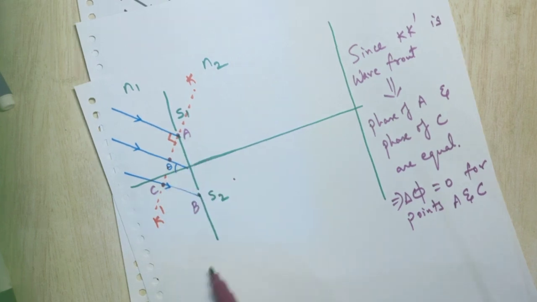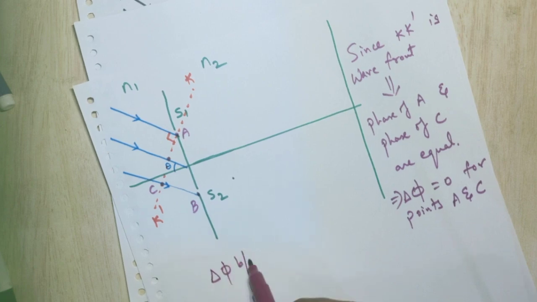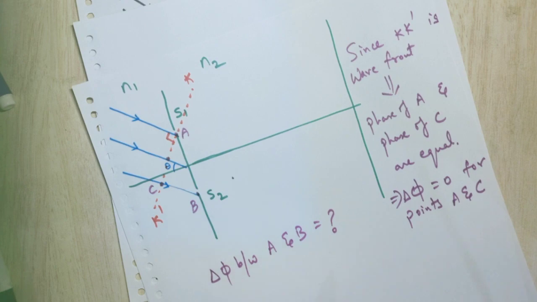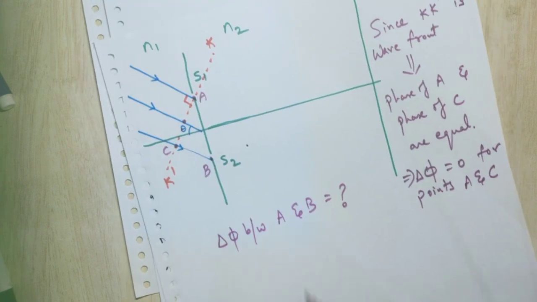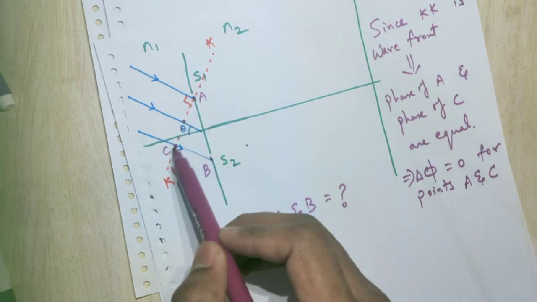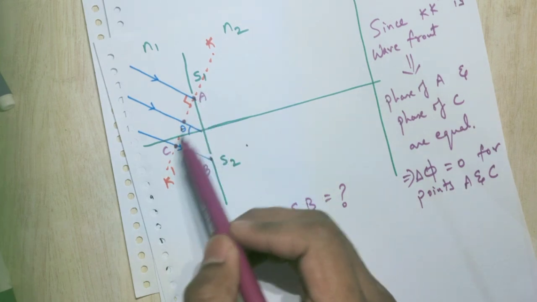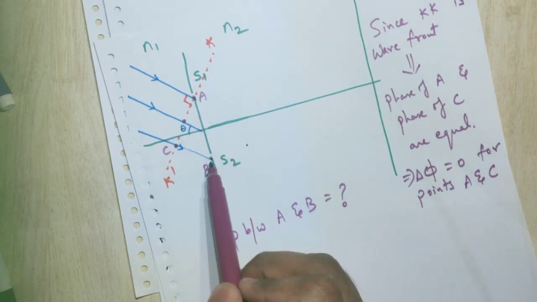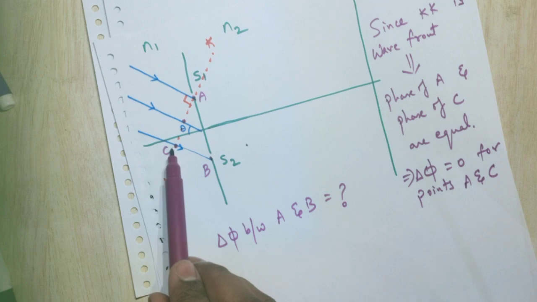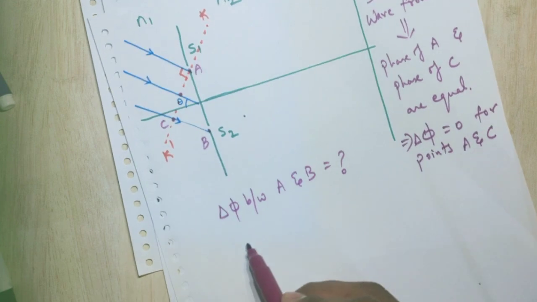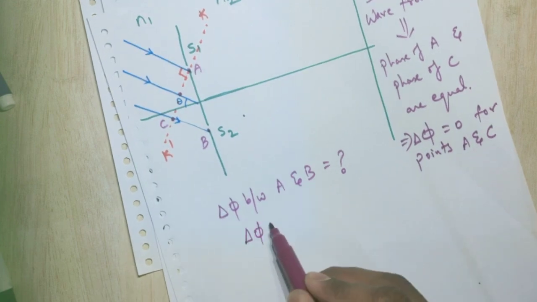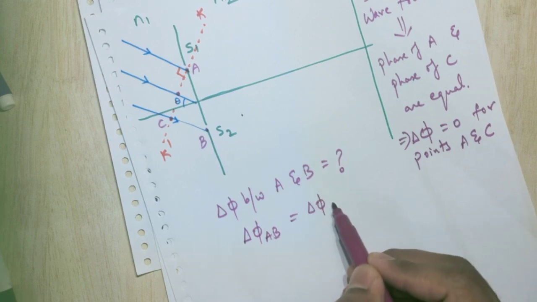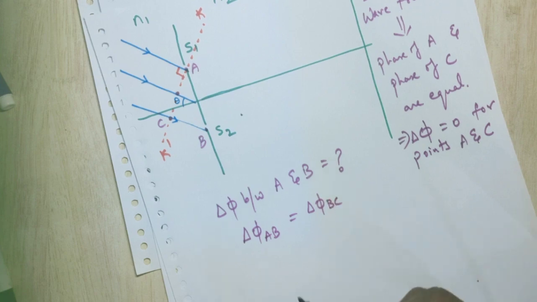So we want to find out the phase difference between A and B. We do not know it directly, but one thing we know is that the phase of A and the phase of C are the same. So the phase difference between A and B is the same as the phase difference between C and B. Why?